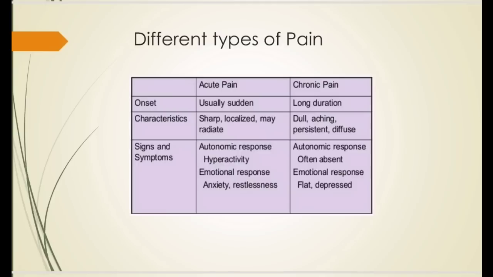Now, I said there are 2 types, acute and chronic. What is chronic pain? Alright? Chronic pain is pain which has been there for a long period of time. It has been there for more than 3 months, we say between 3 to 6 months, okay? So sometimes it has been there for years, 5, 6, 7 years, okay?